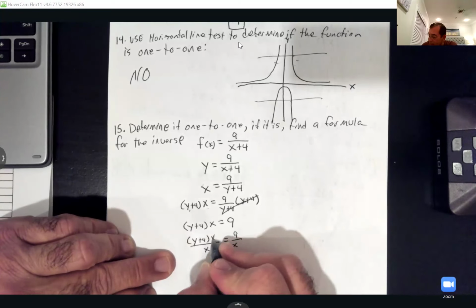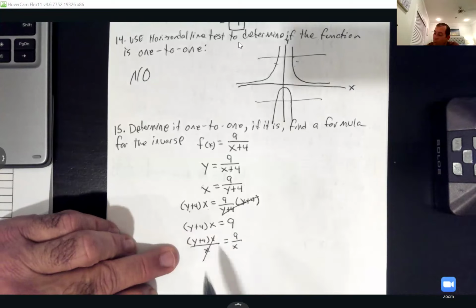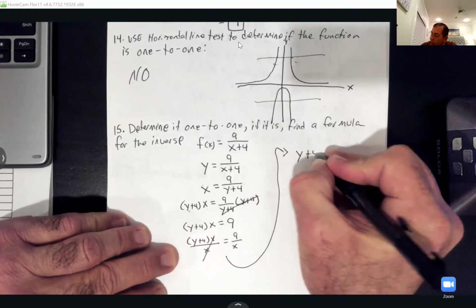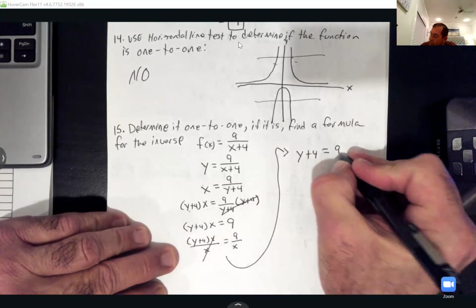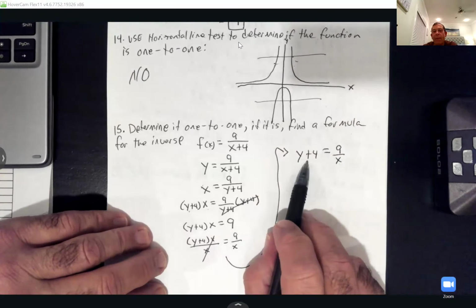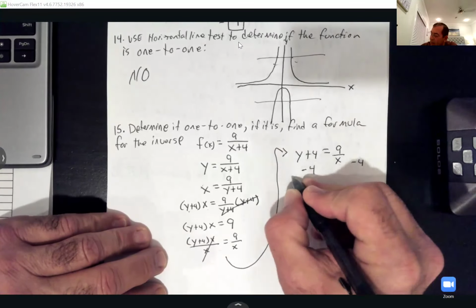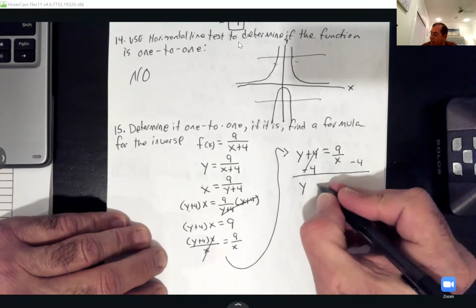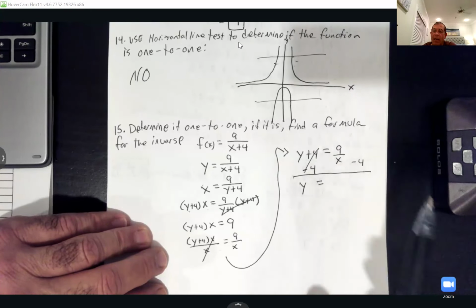So we did that because these x's cancel. All that's left on this left side is y plus 4. So that'll give us y plus 4. On the right side, we got 9 over x. Now, my last step, subtract 4 from both sides. So notice, bring down the y. The 4's cancel on the left side. You got a 9 over x minus 4. Those are not like terms.